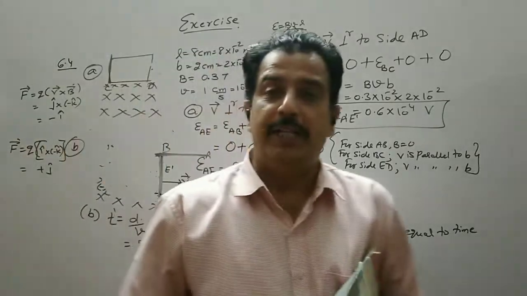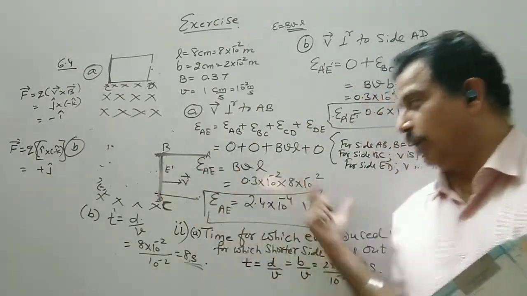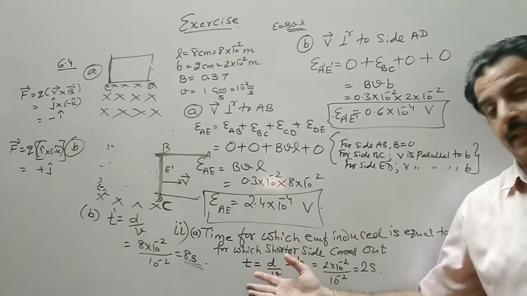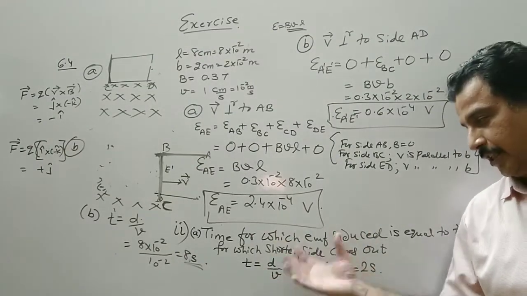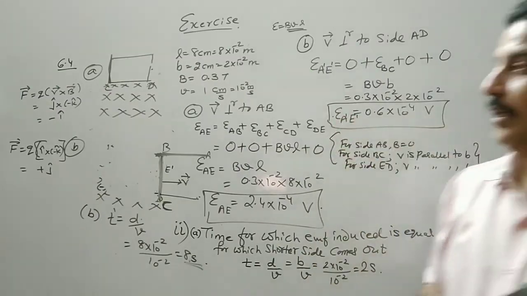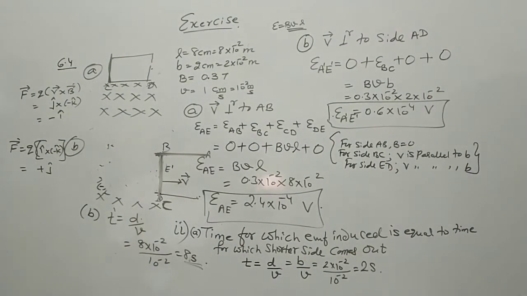So EMF will be induced for the time interval for which the longer side comes out. So in the second part, for finding the time, the distance or displacement is taken for the opposite side. So this is how the EMF is induced, an example of a motional EMF.